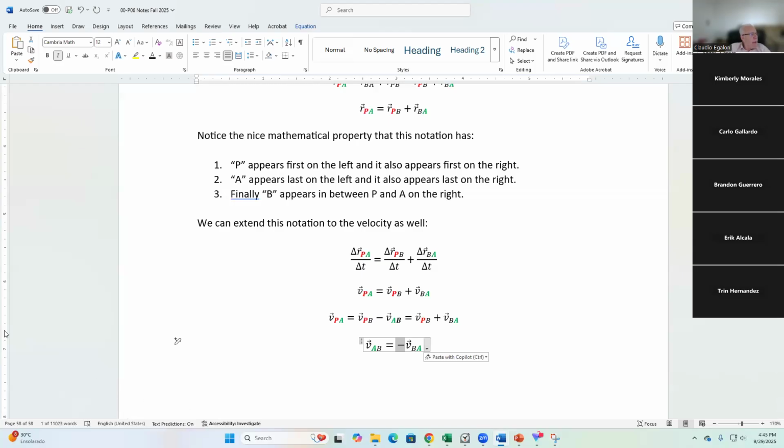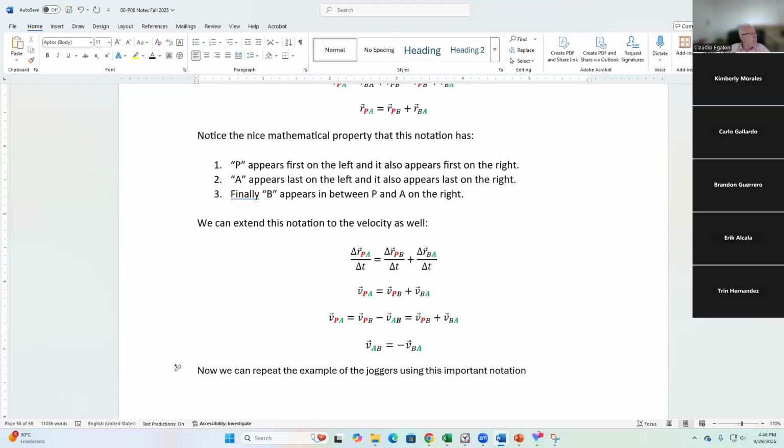Okay. And now we can repeat. Let's see, 5 more minutes to go, right? Let's take advantage of these 5 more minutes. Now we can repeat the example of the joggers using this important notation. Okay.